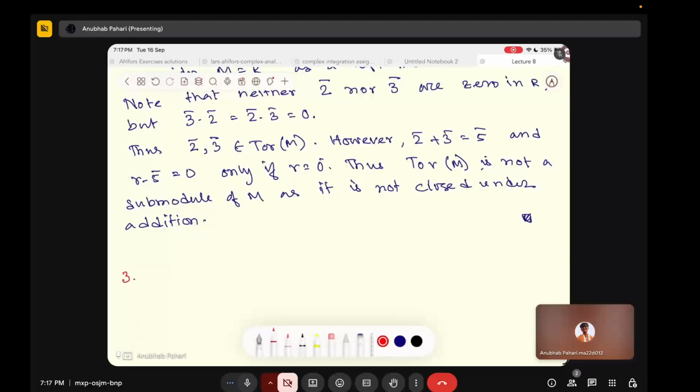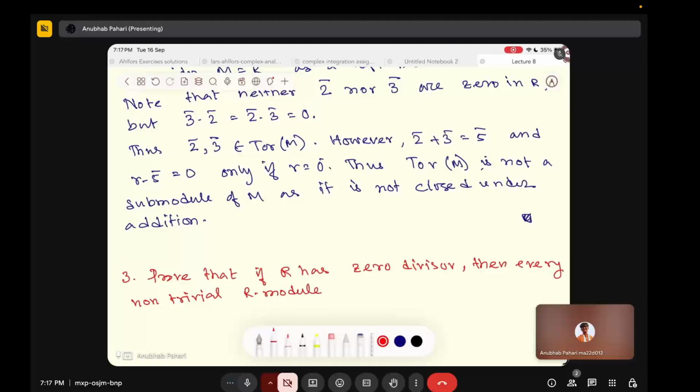Prove that if R has zero divisors, then every non-trivial R module has non-zero torsion elements.